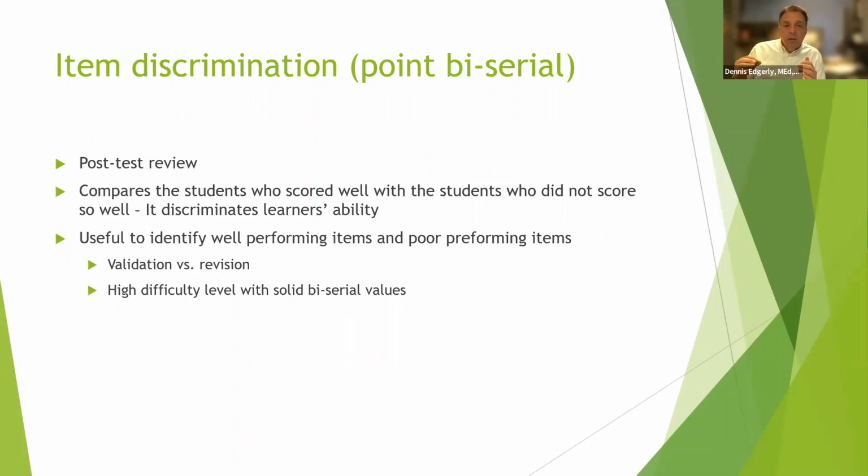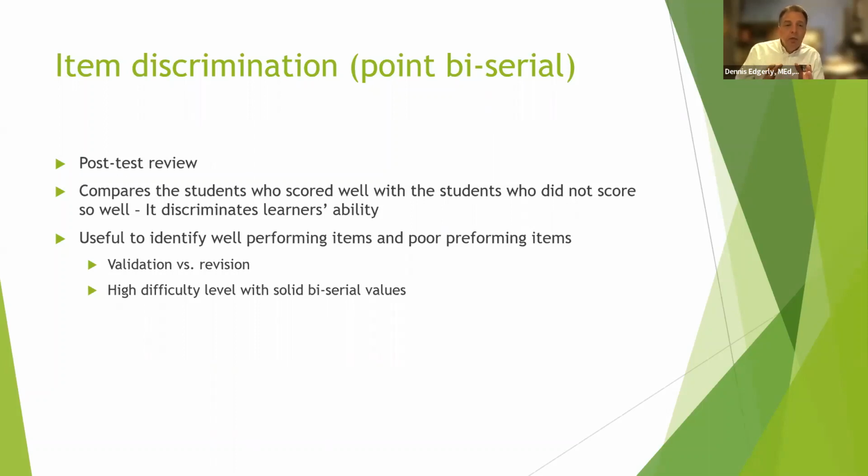The test looks at the students who got the high score and the people who got the low score, and then it looks at this test question and identifies who got it right and who got it wrong. If the test question is performing appropriately, the students who got the question correct should be in your high performing category, and the students who got it incorrect should be in your low performing category. That means the test question is discriminating appropriately.